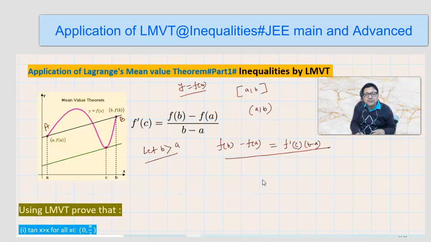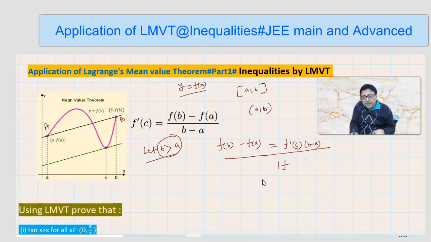Under what condition can you say that b greater than a implies f(b) is greater than f(a)? For that you have to look at the right hand side. When you say b greater than a, it means b minus a is a positive quantity.